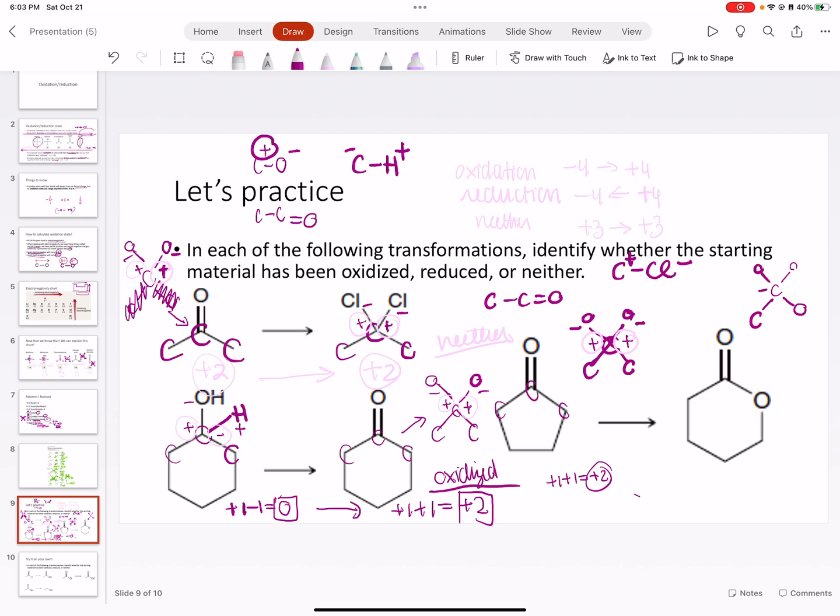So then we have plus, minus, plus, minus, plus, minus, and then carbon, carbon, we don't care. Therefore, we just have positive, positive, positive. So then we have plus 1, plus 1, plus 1. And then we have plus 3. So then we went from plus 2 to plus 3. That means that we were oxidized.